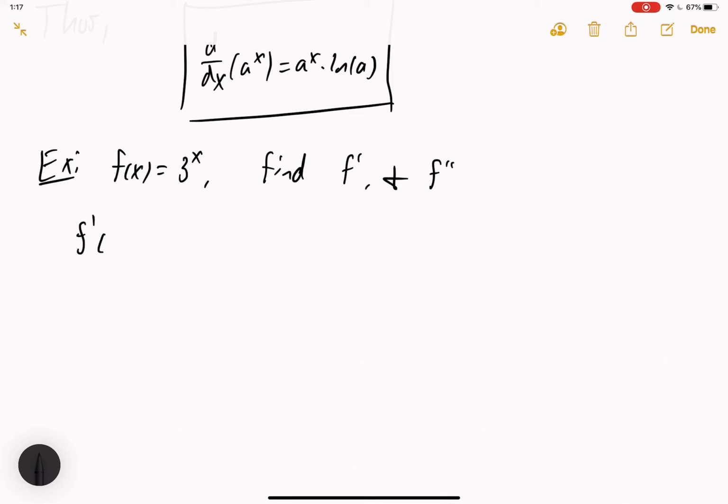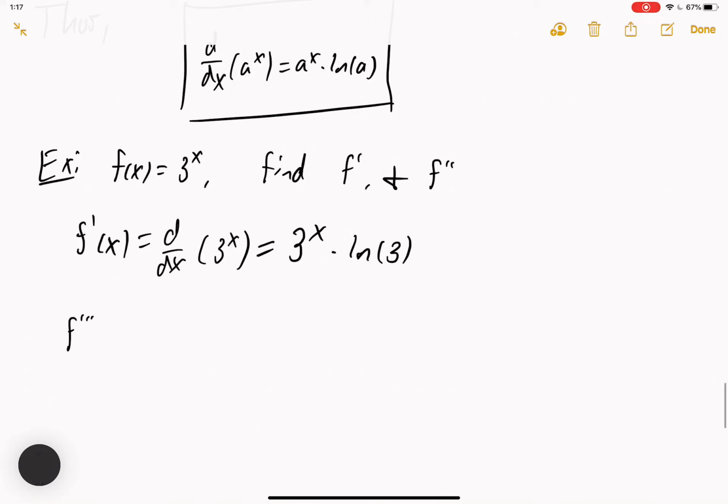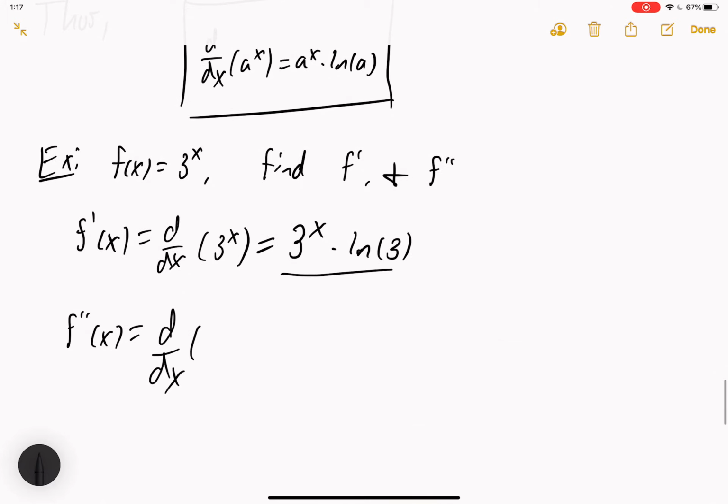So firstly, f prime of x is going to equal d/dx of 3 to the x, which according to the formula is 3 to the x times ln of 3. Then f double prime of x is going to be the derivative of f prime of x. In this case, f prime of x is equal to 3 to the x times ln of 3. But again, we can just pull out that ln of 3.